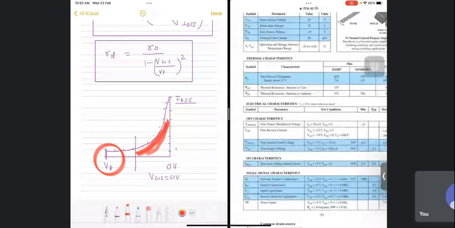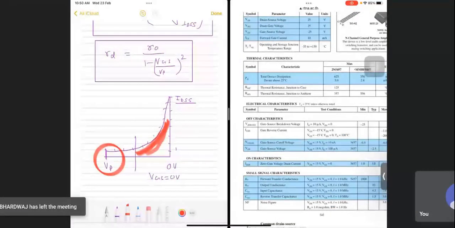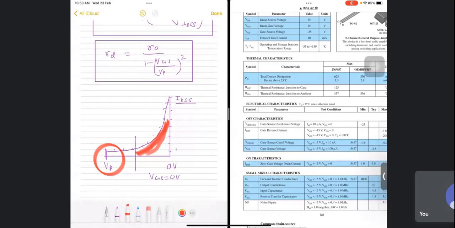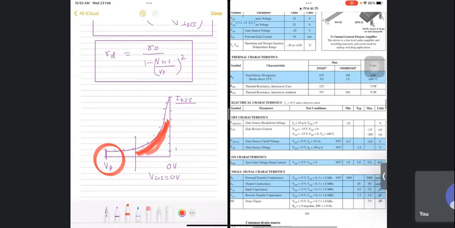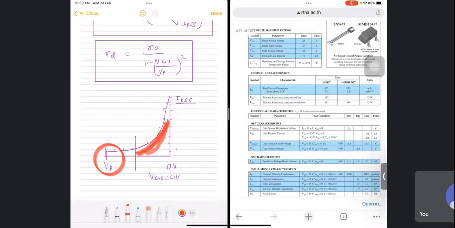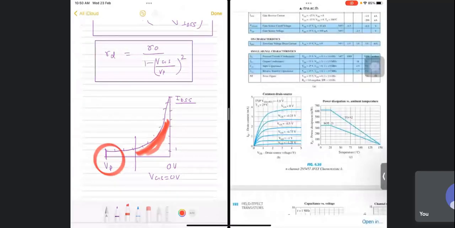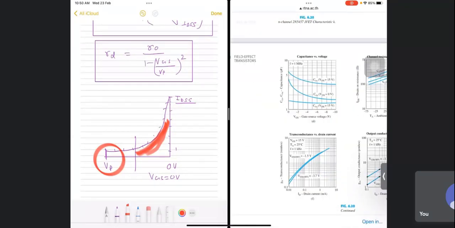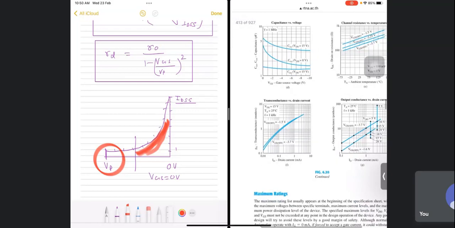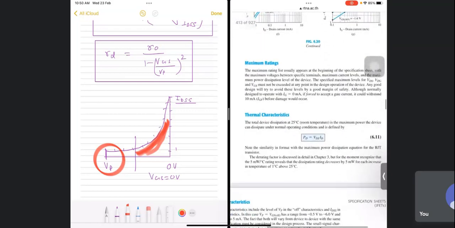Okay. So we have this IGSS, or IG, which is generally approximately 0. And we have other parameters also. ये characteristics दे रखी है ना at 25 degree centigrade. Gate source voltage दी हुई है, capacitance दी हुई है, ratings, thermal characteristics also.